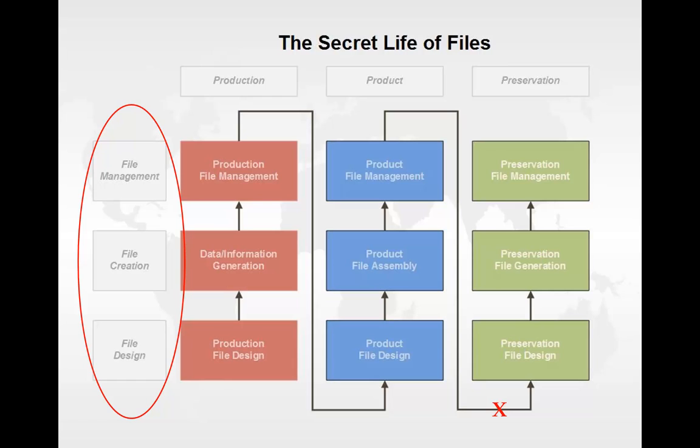So we go into the file creation phase now, and I'm creating PSD files for my digital images, and those have multiple layers and different editable pieces of digital content for the digital image part of the project. With the text document, I'm still just using Microsoft Word, but I'm saving different versions of the file. Now here at the end of the production phase, I have a whole bunch of PSD files and a whole bunch of different versions of Word documents that I need to save just in case I ever need to come back and edit those.